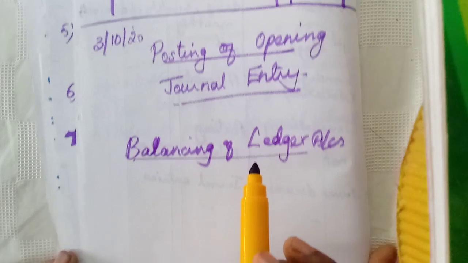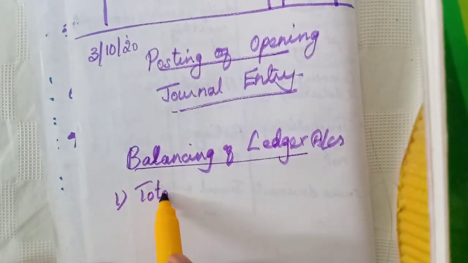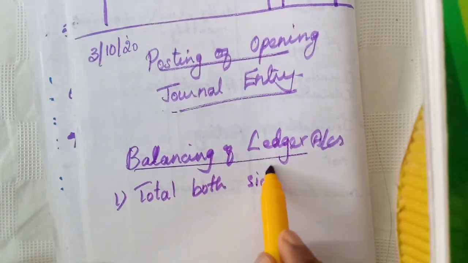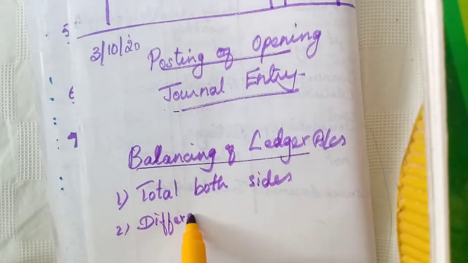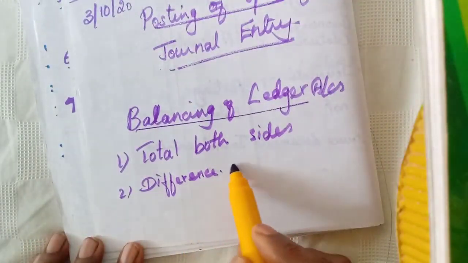What do they have to do? They first total both the sides. Then find out the difference amount. Which side is having less amount? We need to find out the difference amount.